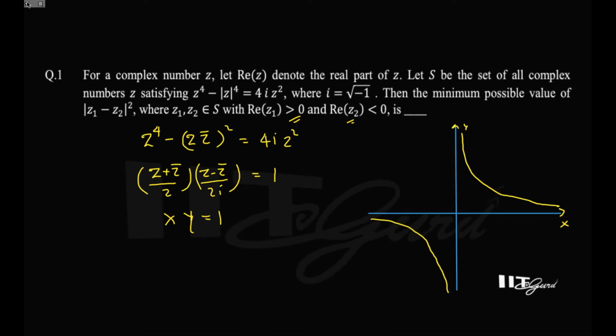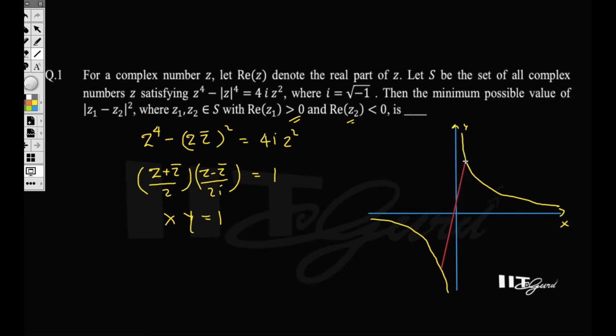Let me consider any point here. If you consider this point over here, then you have to find the distance from this leaf, or from any of the leaves. So where the leaf will give the minimum distance. So here you see, if you consider this, then the distance is much more. So here (z1 minus z2) whole square, the minimum distance you have to find.